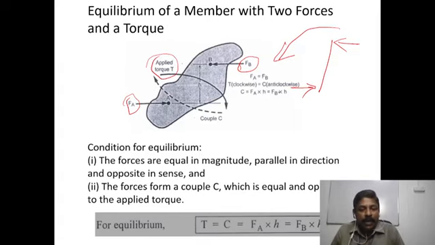Suppose in this case we apply the torque in the same anti-clockwise direction, we cannot bring it to the equilibrium condition. So we have to change the direction of this torque.